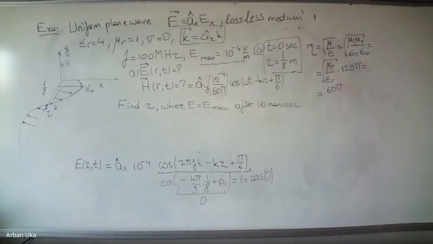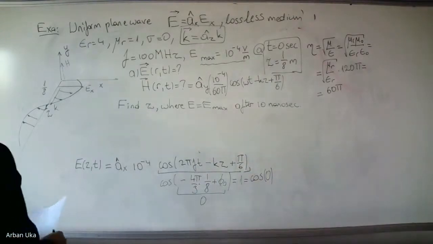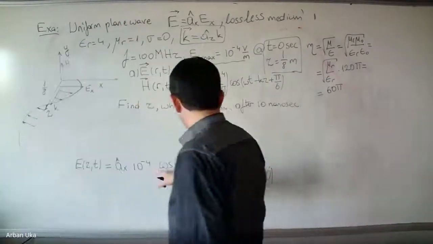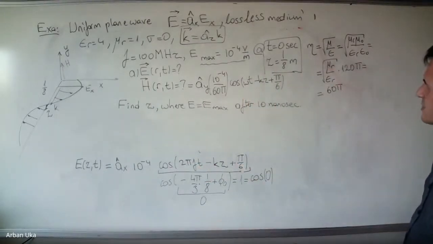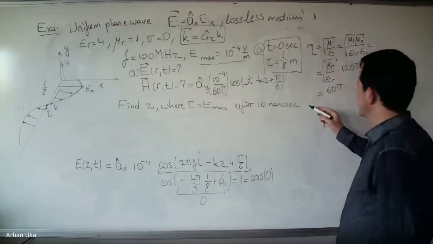So after 10 nanoseconds, where are we going to get, let's say, the next maximum value for the electric field? Now, to answer this question, we look at this expression, and we have to substitute for t. What is 10 nanoseconds?